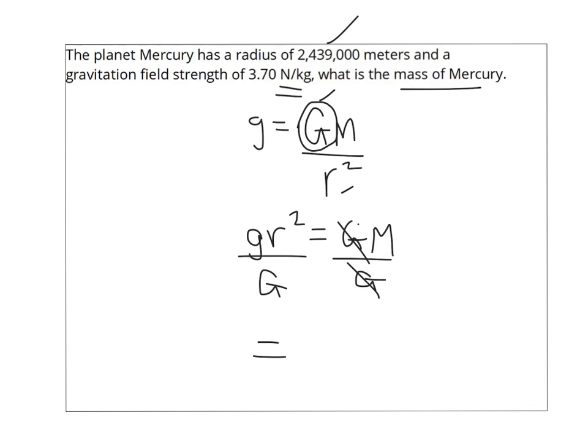So this is a really big number, 2,439,000, and I need to remember that that's squared, divided by big G, which is 6.67 times 10 to the negative 11. I do that calculation, and I get 3.30 times 10 to the 23 kilograms.